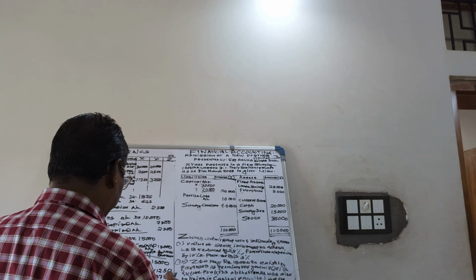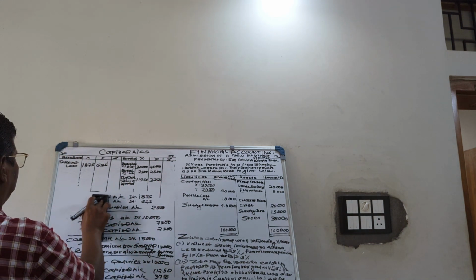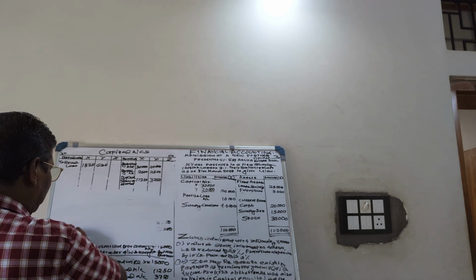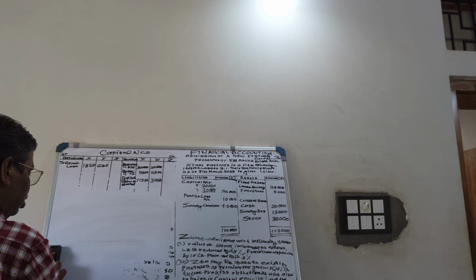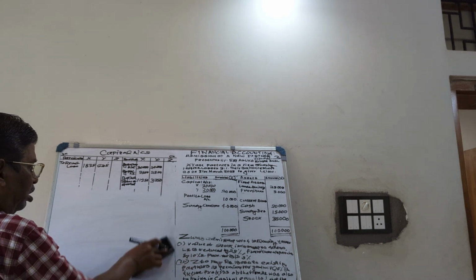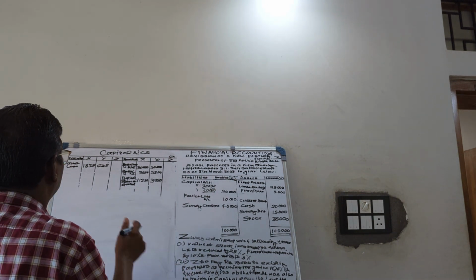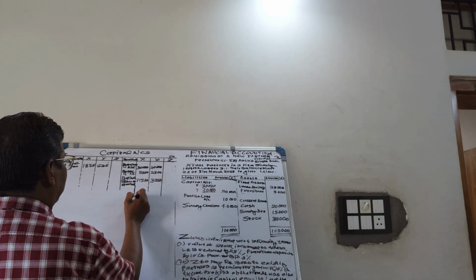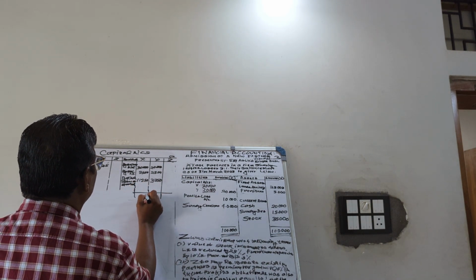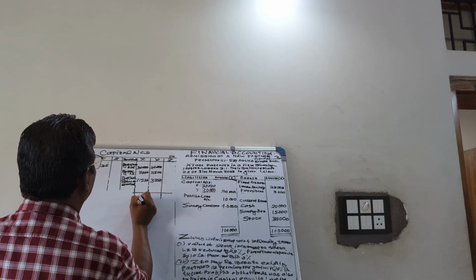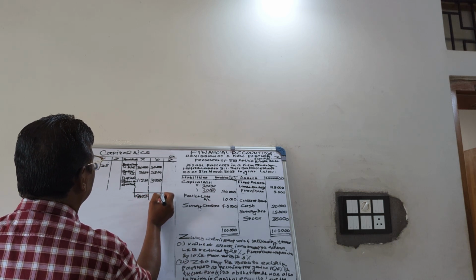Then we have to calculate the adjusted capital of the newly constituted firm. Here we will total the credit side, which is heavier.